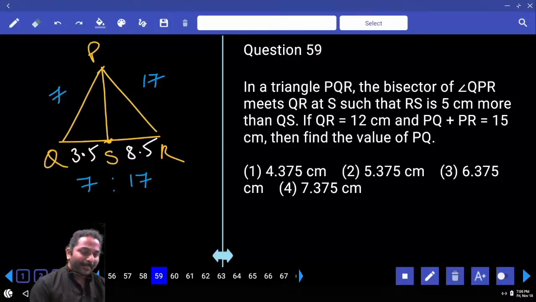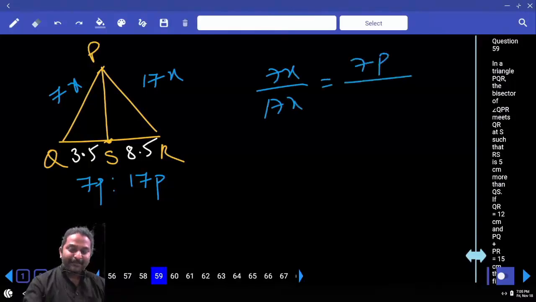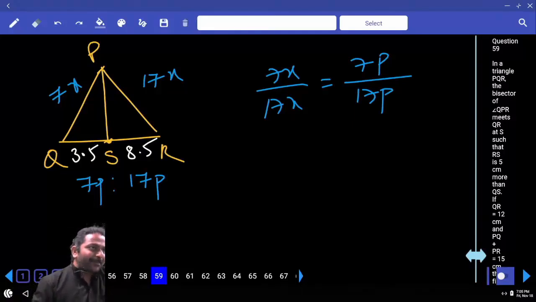Do you understand? This is 7 parts, 17 parts, let's say. This is another ratio, completely different. 7x, 17x. When we talk, 7x by 17x is equal to 7p by 17p. x will cancel, p will cancel, left hand side and right hand side both equal. Yes or no?